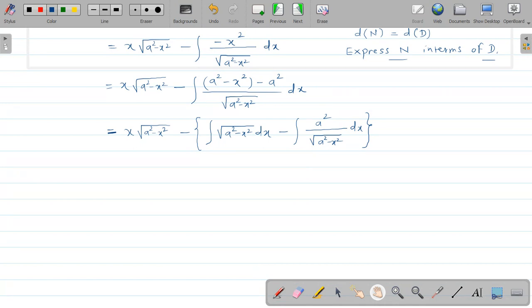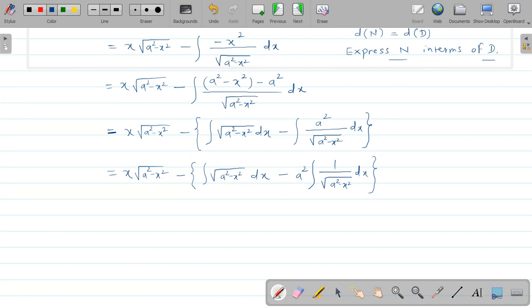See this carefully. Now what happens to the next step? We get x as it is into root of a square minus x square minus, in curly bracket, now this is the integration of root of a square minus x square dx. Now this is minus, a square is constant, you can take it outside of the integration, into integration 1 upon root of a square minus x square dx.